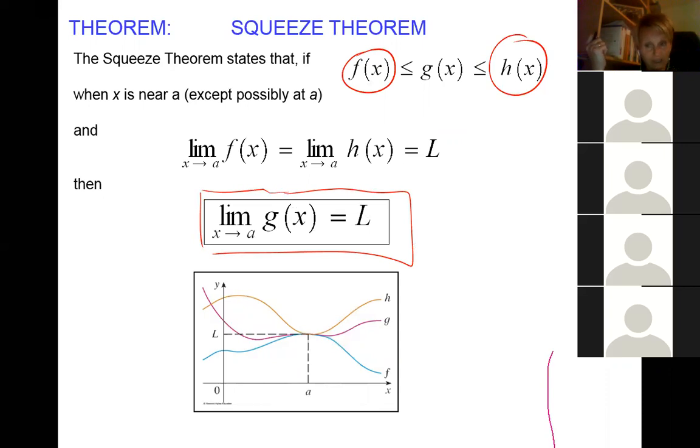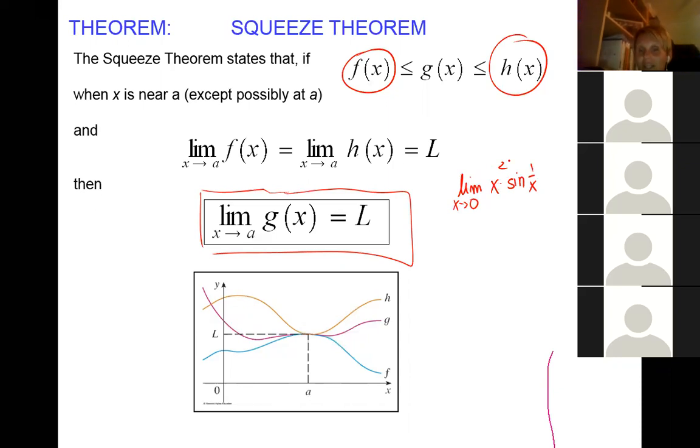And the typical example is a function with sine of x and cosine of x inside. For example, let's try to find the limit of x squared sine of 1 over x, of course at 0.